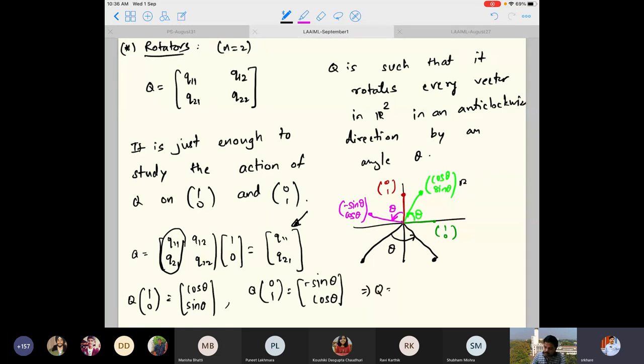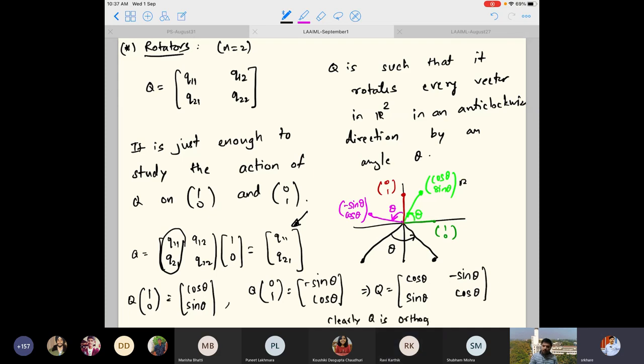The rotation matrix is [cos theta, -sin theta; sin theta, cos theta]. Correct. This matrix will rotate every vector in the R2 plane in an anti-clockwise direction by an angle theta. Is this matrix orthogonal? Is Q orthogonal? Yes, sir.